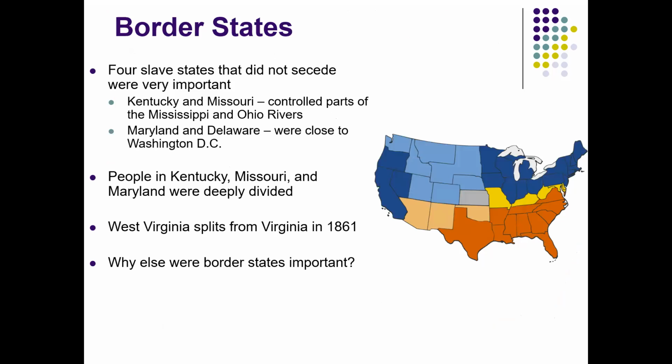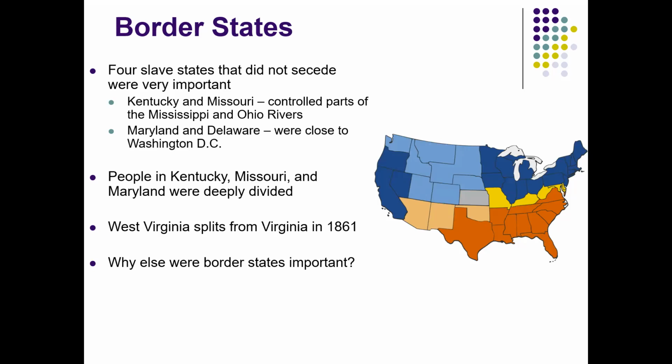These were called border states. There were 4 slave states that did not secede from the Union but were very important. The first 2, Kentucky and Missouri, controlled parts of the Mississippi and Ohio rivers, which were strategic transportation waterways for the North.